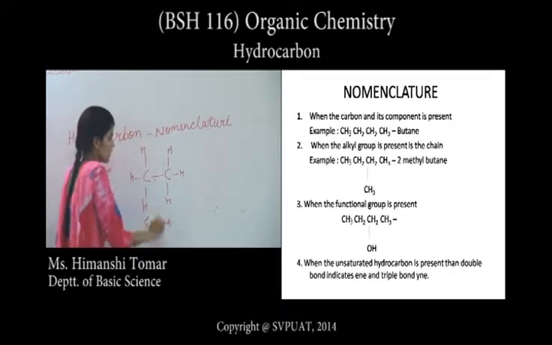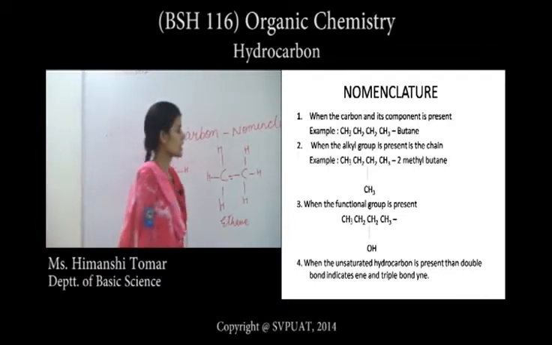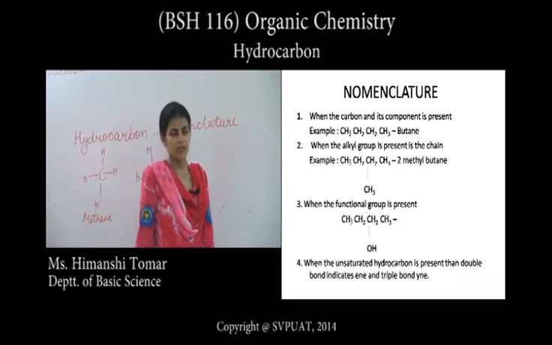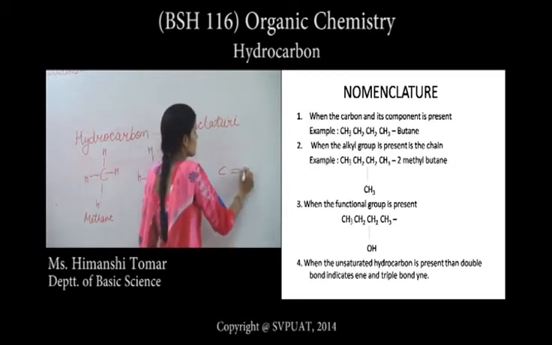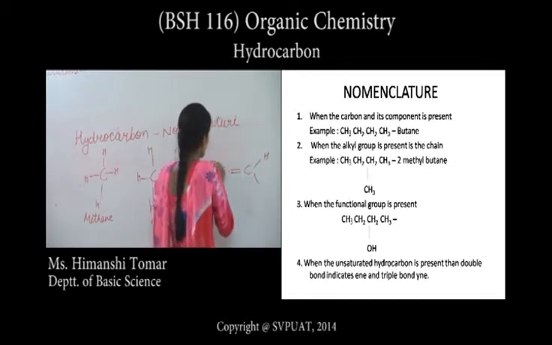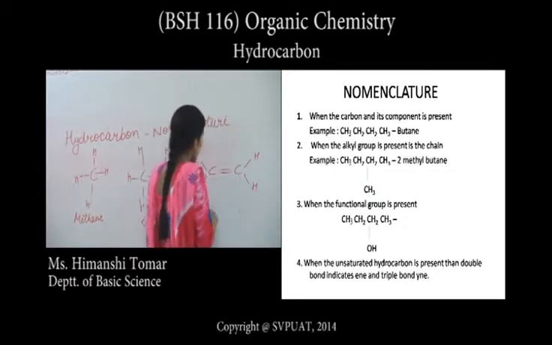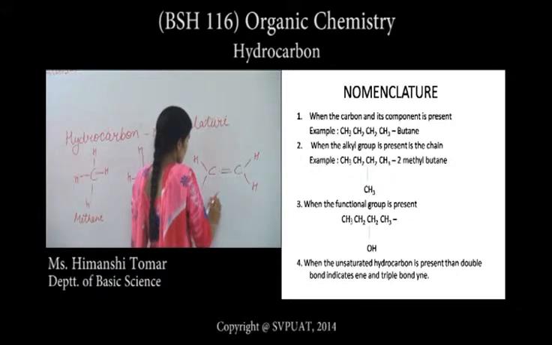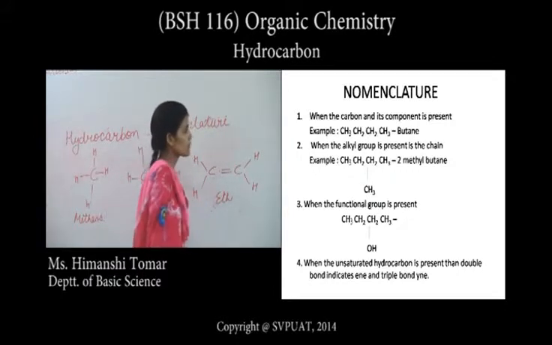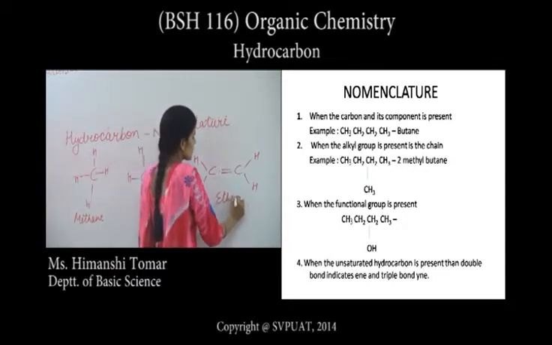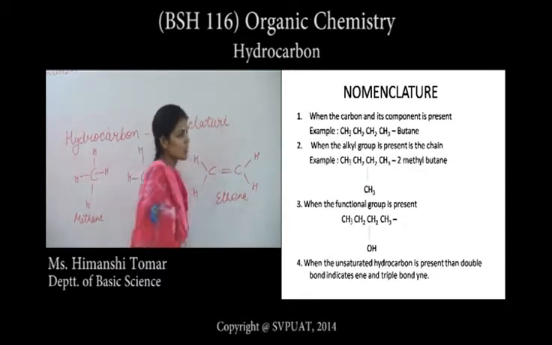ethane. If we have a carbon-carbon double bond like an alkene, with H2C double bond CH2, two carbons, then the name is eth, and the suffix added because of the double bond is ene, so the name is ethene.